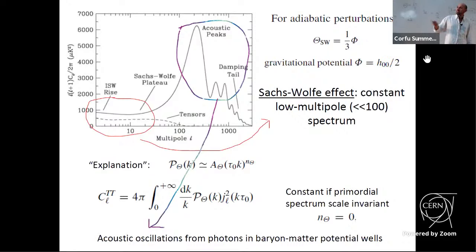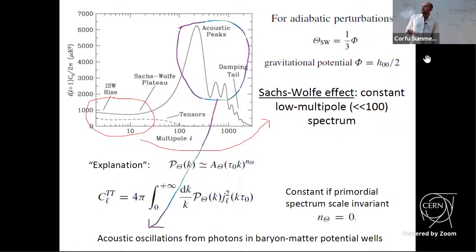Remember that scalar and tensor perturbations obeyed a harmonic oscillator problem with friction, or a harmonic oscillator with a time dependent mass. And when you study the physics of acoustic peaks, you use this type of equations, and you eventually find that at high multipoles, you have the predominance of this effect called acoustic oscillation. And then you have the damping tail and other features which are not here, but there are also other types of Sachs-Wolfe effects.